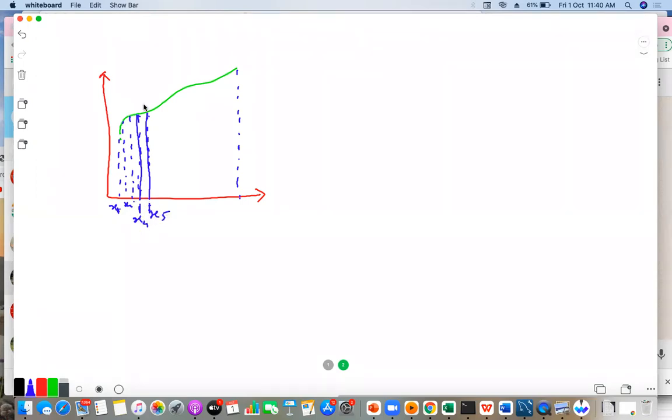So this is the width. Now I can add all these small areas. If I say the total area is A, then I can add small areas A1, A2, A3, all these small areas.